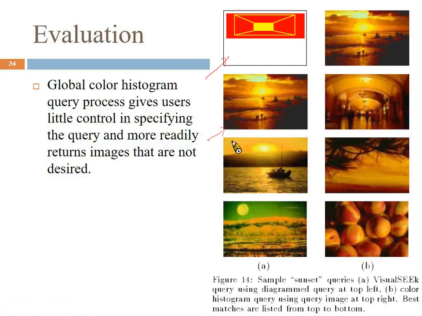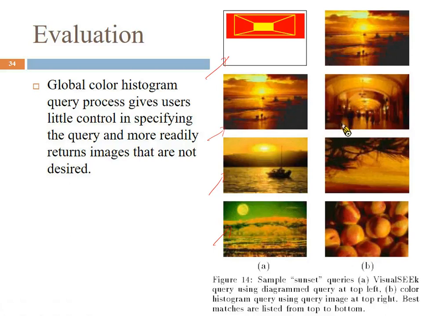images. We can see that this is a sunset. This is also a sunset, and this is similar to a sunset image. So we can see that this is quite matched with our expectation. And if we just describe the image based on color histogram, then the top 3 return images would be like this.